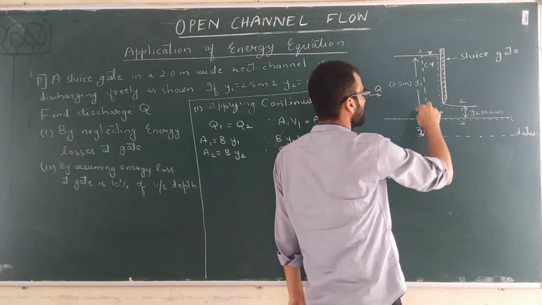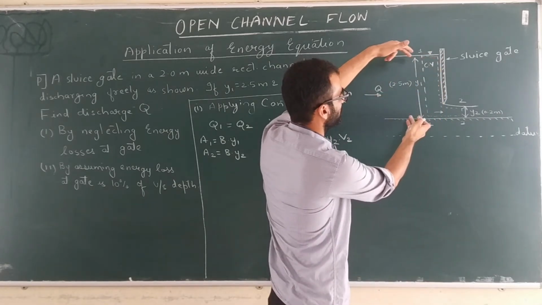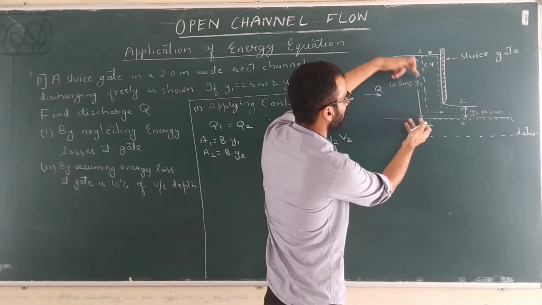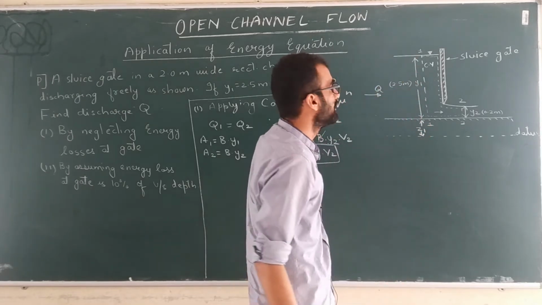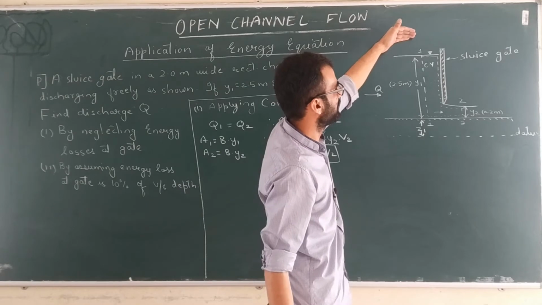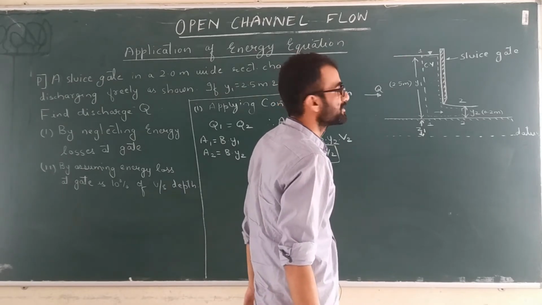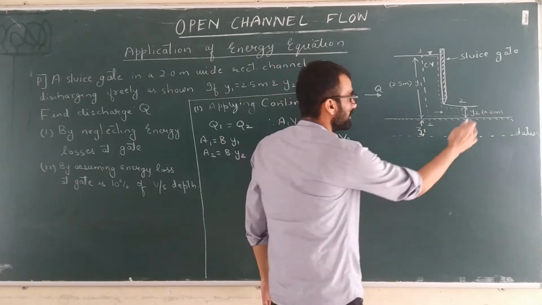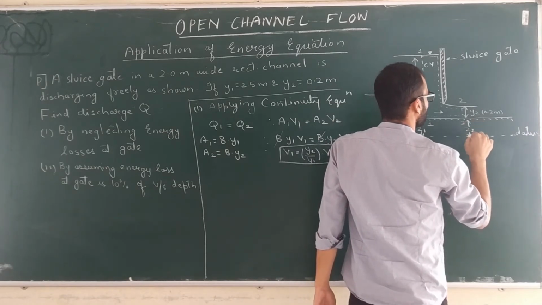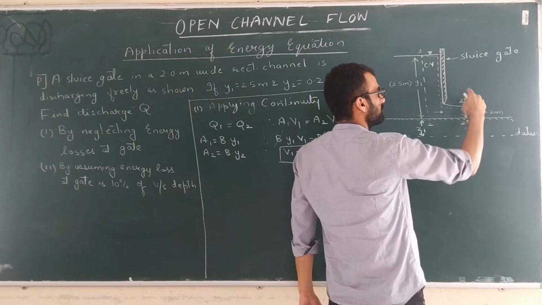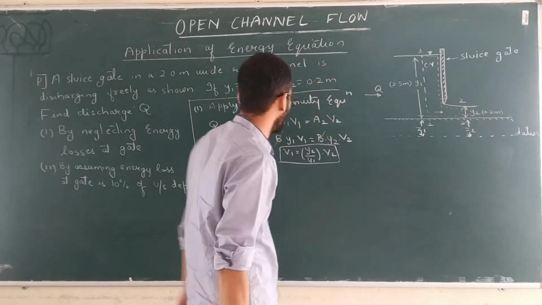Then you have the pressure head. This Y1 is nothing but the hydrostatic pressure head at this point. At surface 1-1, the hydrostatic pressure head is equal to Y1. And it will have some velocity head, V1 square by 2g. Similarly at 2 we will have Z2, then the hydrostatic pressure head Y2 and some velocity head V2 square by 2g.